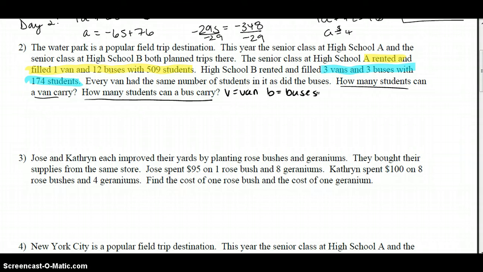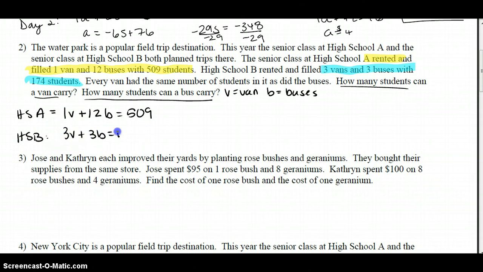Okay. All right, so high school A filled 1 van and 12 buses with 509 students, and high school B filled 3 vans plus 3 buses for 174 students. All right, let's go ahead and solve this.